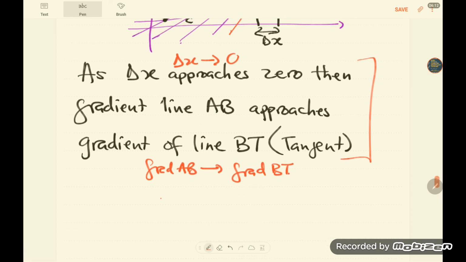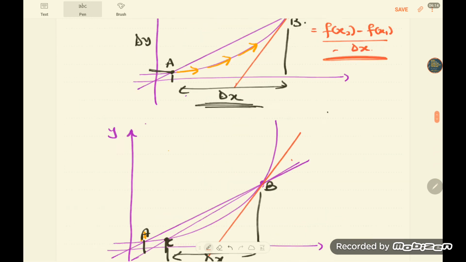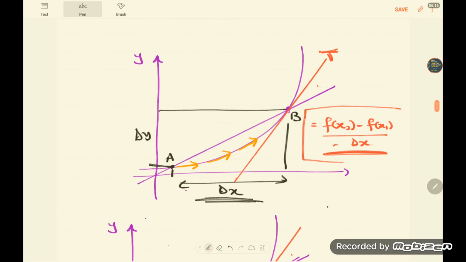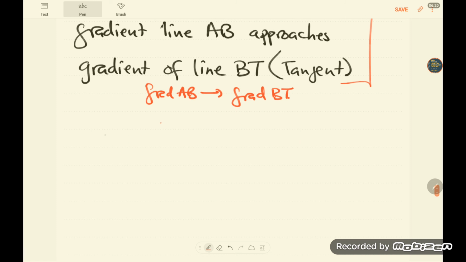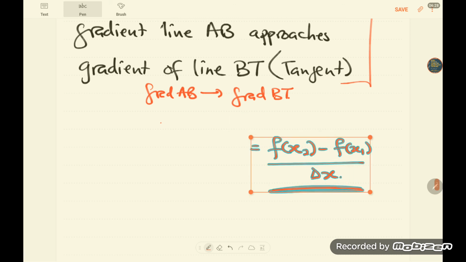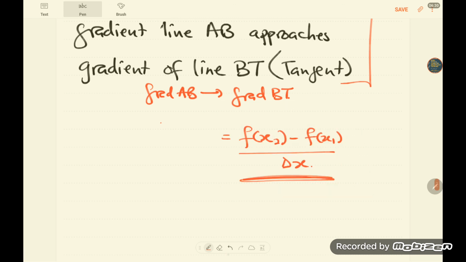So how do we use it along with the information that we had from the beginning? Let me just bring it down here. We wrote this before, and we said that this was the gradient of AB.